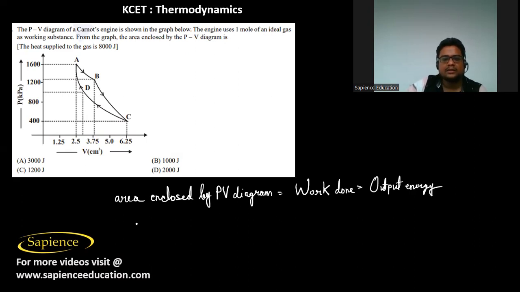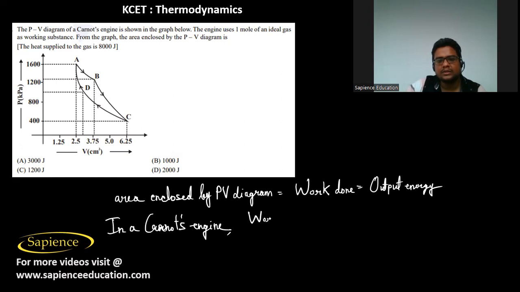Now in a Carnot's engine, the energy output, which is the work done, divided by the heat supplied, that is the energy output by energy input, is called the efficiency of the Carnot's engine.